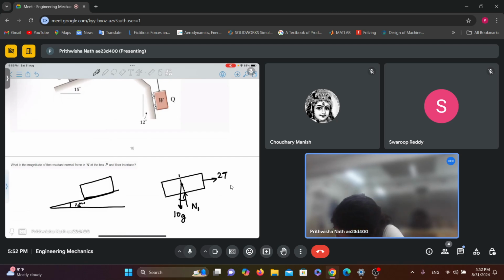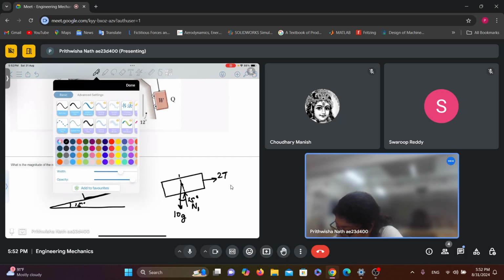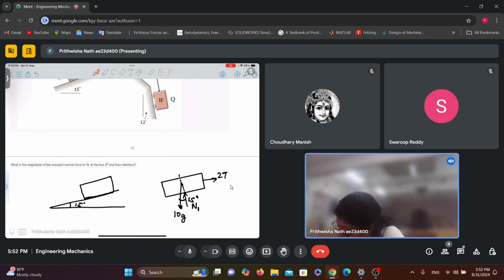This angle should be 15 degree, right? So this angle is 15. So this is also 15 degree, right?